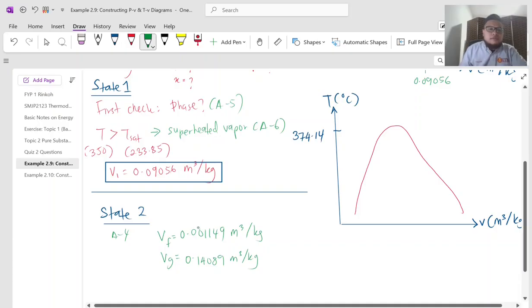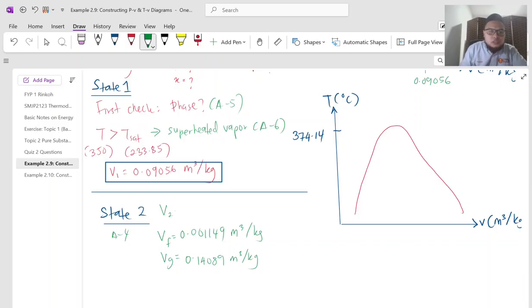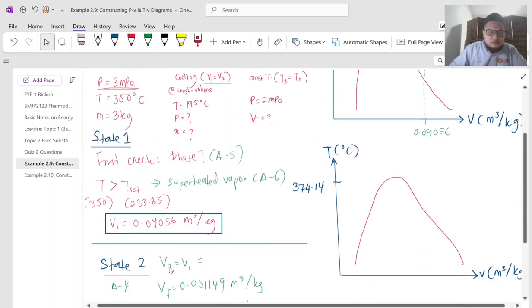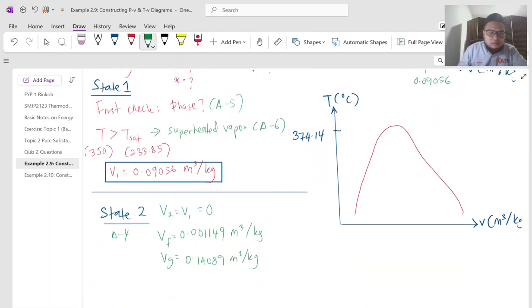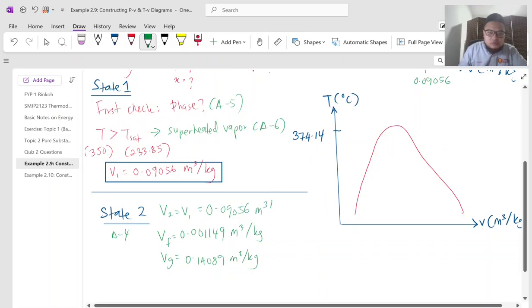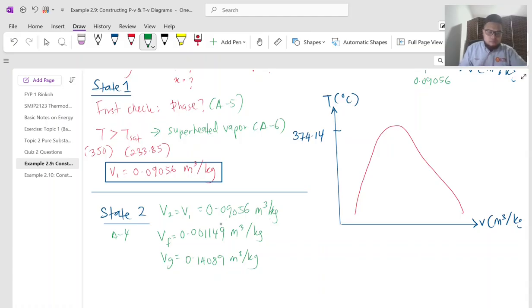Why do I check for my Vf and Vg? Because I know my V2 is equal to V1, that is 0.09056 meter cube per kilogram. So if you notice, my V2, 0.09, is between Vf and Vg.